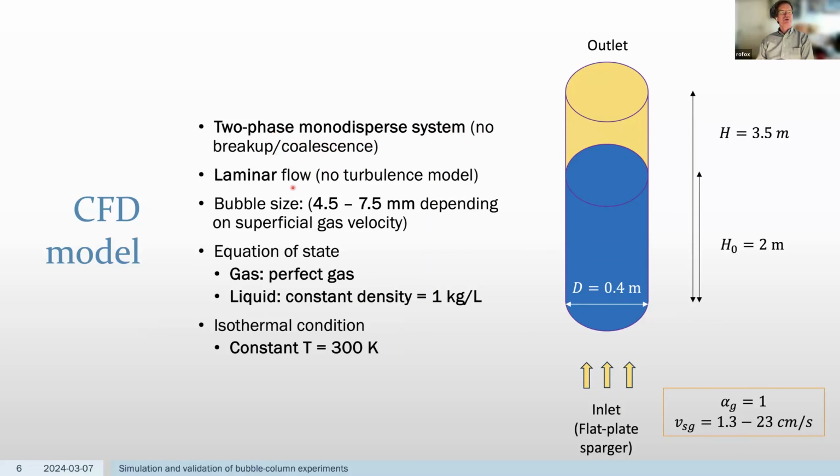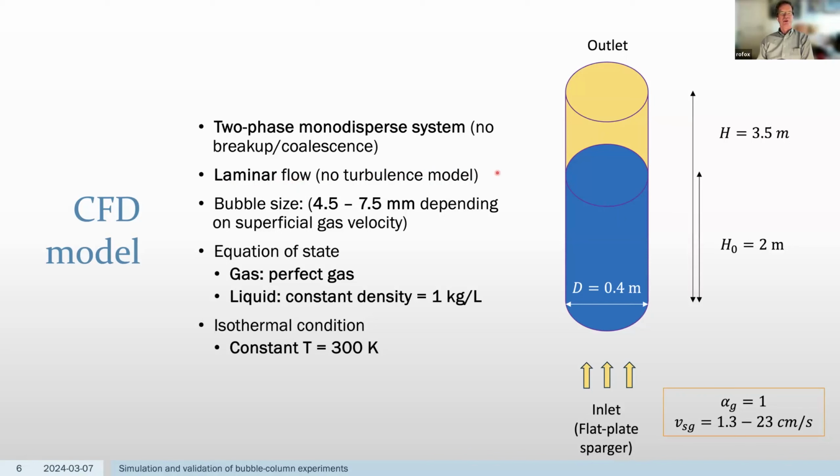The flow itself is going to be like a large eddy simulation in the sense that we're not going to use a turbulence model. There is bubble-induced turbulence generated by the slip velocity of the bubble. We didn't include that. We didn't need that. So we say it's laminar flow, but it's basically 2 sets of Navier-Stokes equations for the 2 phases with no turbulence. So finite volume method.